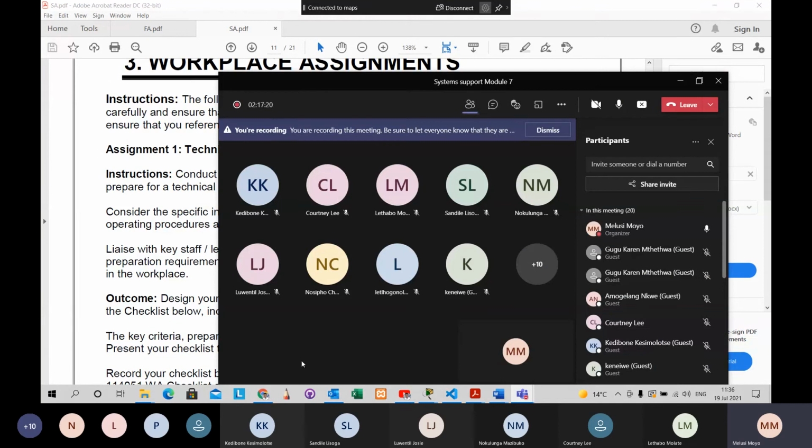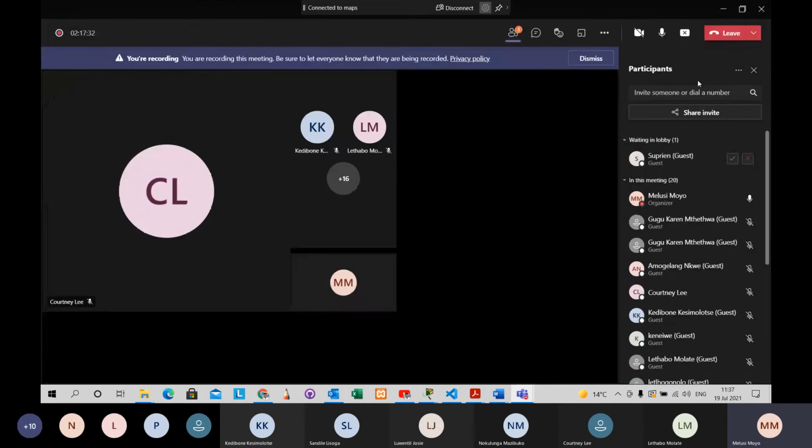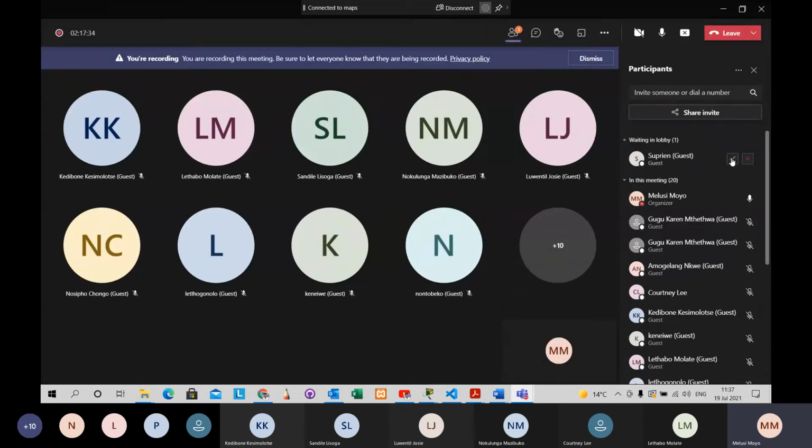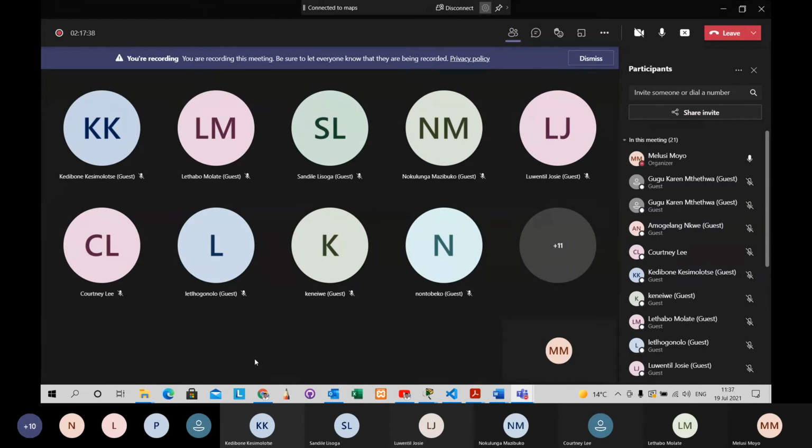Let's say we are planning on migrating our data from one company to another company. What are the things that we need to have in place, that we need to have on our checklist, before we go ahead and start our meeting? This is a checklist, right? What are the things that we need to have on our checklist?